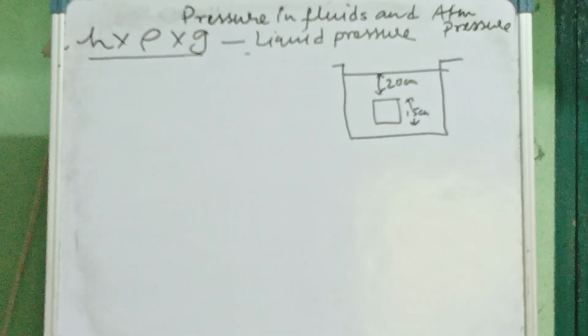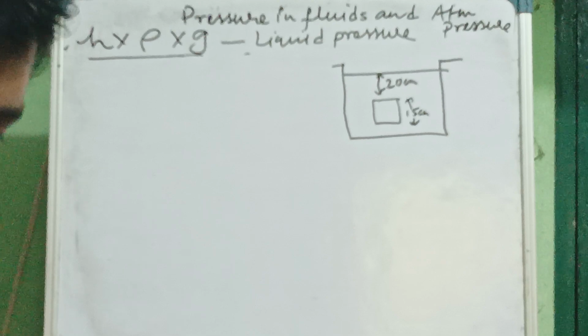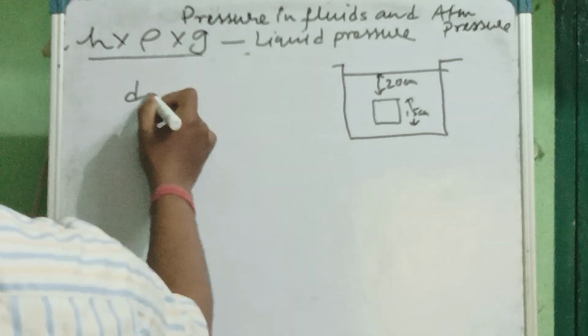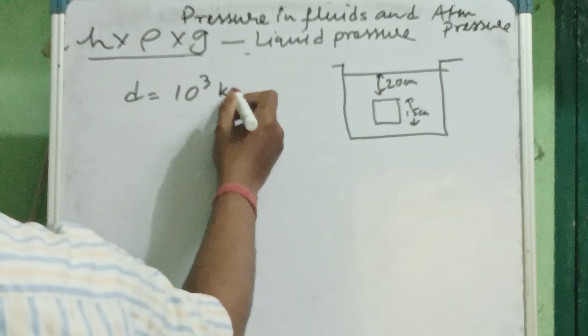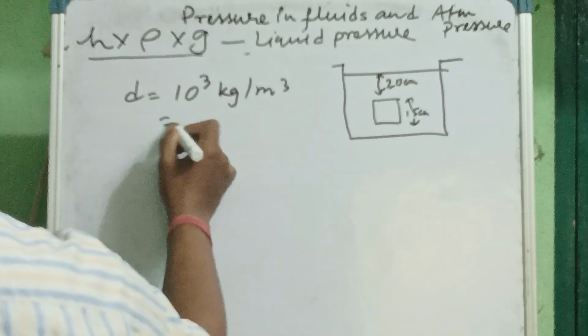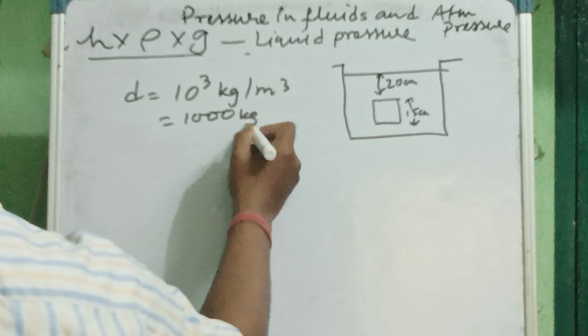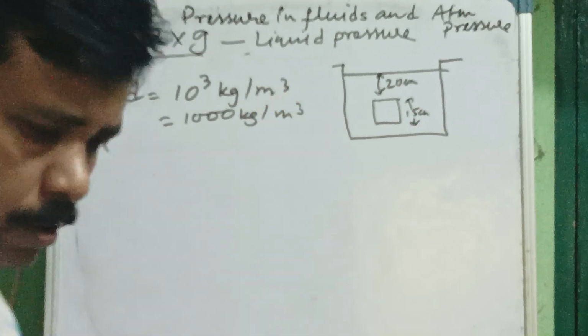The question is, the figure shows a cube of each side 15 centimeter immersed in a tub containing water of density 10 to the power 3 kg per meter cube. So density of water is 10 to the power 3 kg per meter cube. You can also take this as 1000 kg per meter cube.